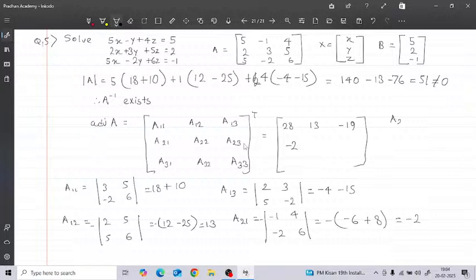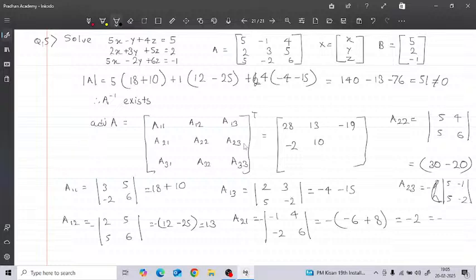What is A22? 5, 4, 5, 6. 30 minus 20, that is 10. Then A23, take the minus, determinant of 5, minus 1, 5, minus 2, that is minus of minus 10 plus 5, that is 5.